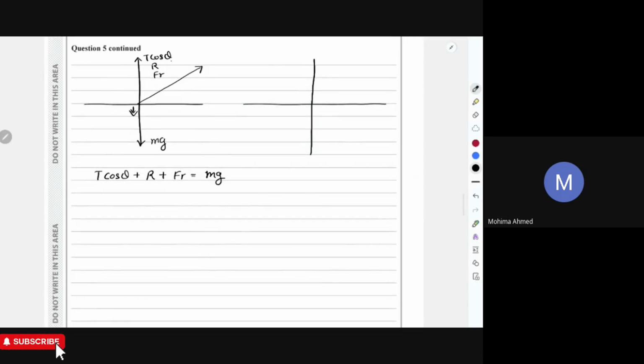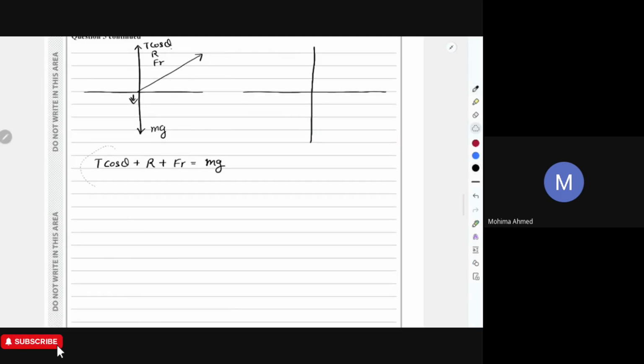So now the reaction force I have to calculate, right? Oh wait, one minute. I have to calculate the reaction force separately using the horizontal plane. That is going to be the same for everyone, right? So resolving horizontally means that we are using resultant force 0, which was your reaction force.